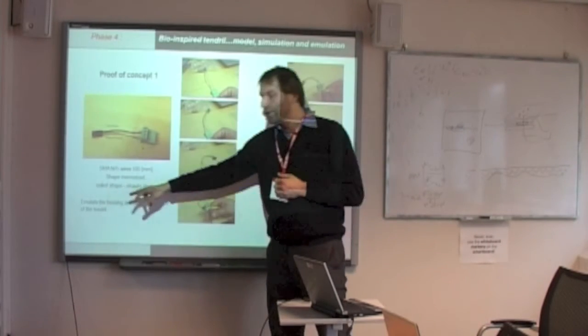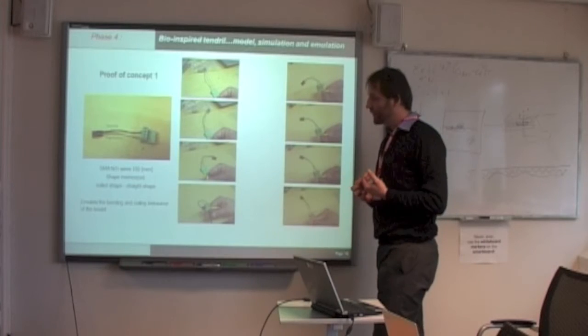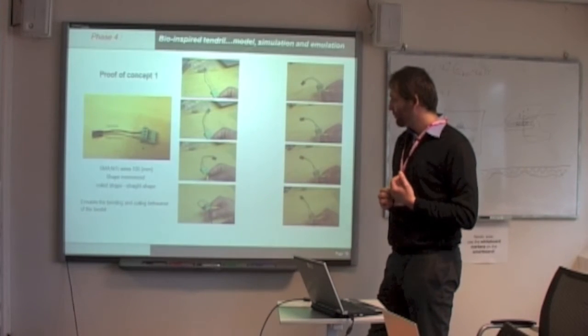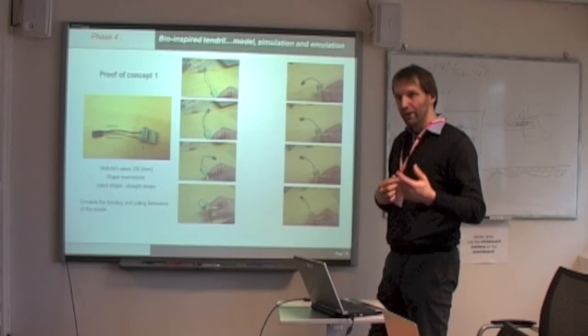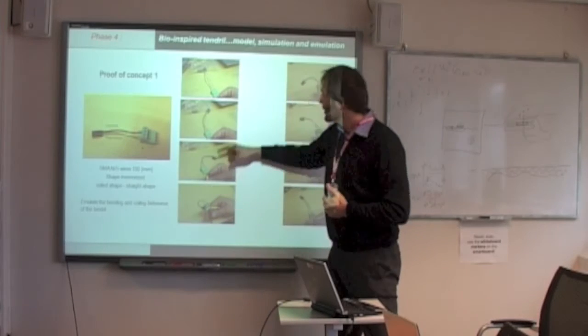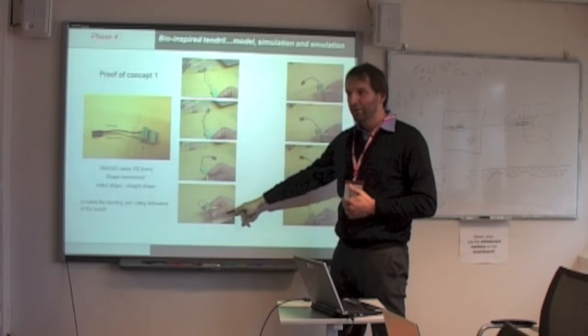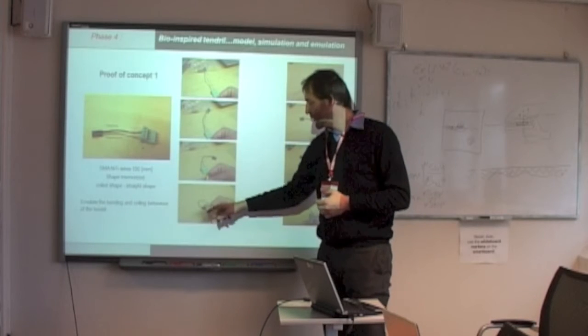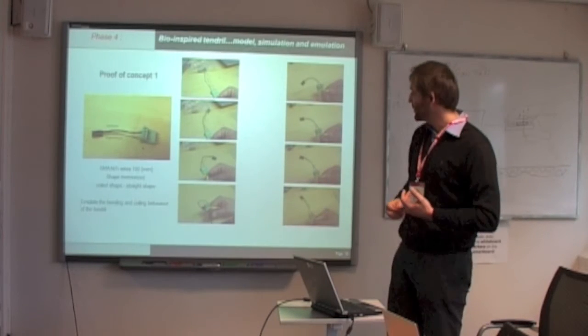On one end a coiled shape, and on the other end a straight shape. By activating, or by heating, the coiled shape wires, we can have this kind of behavior. So we can mimic the bending and coiling activity of the tendril.